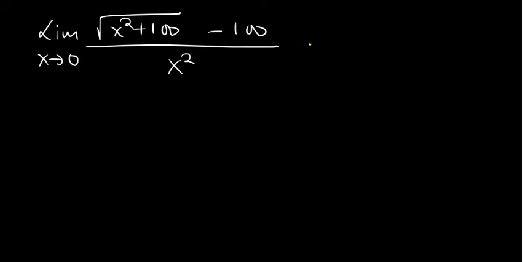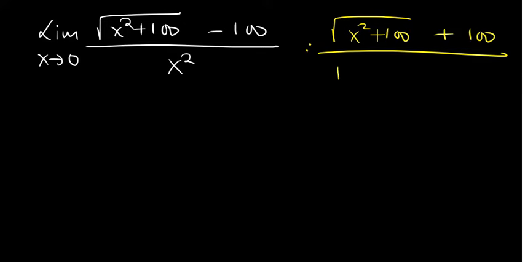So we multiply by the conjugate, so root of x squared plus 100 plus 10. By the way, pause the video and try this one out. So change the sign in between. So do the same to the denominator.